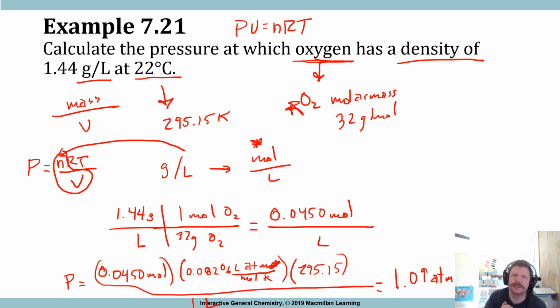It seems almost as if you're not given enough information to solve this problem, but you are. That's because you have to recognize you have the identity of the gas, therefore you have the molar mass of that gas. You're given a density, which tells you a volume, 1 liter, and the mass of that gas that occupies that 1 liter.